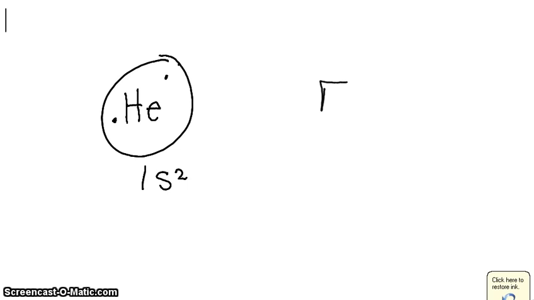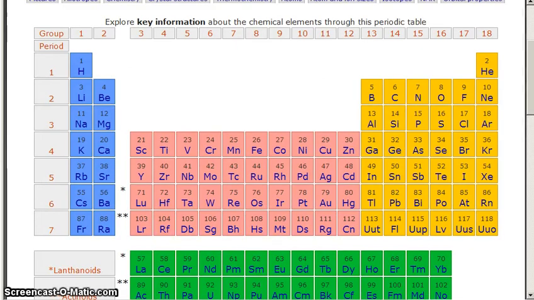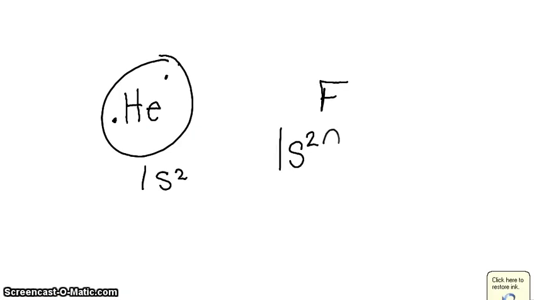So fluorine has 1s2, so it has 2 electrons in the first s shell. And then we come down here, and we see that the next shell is 2s2. So we go back and write that here. 2s2, it has 2 electrons in that shell.